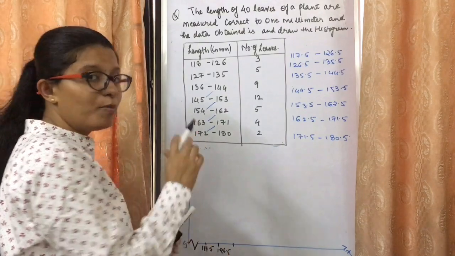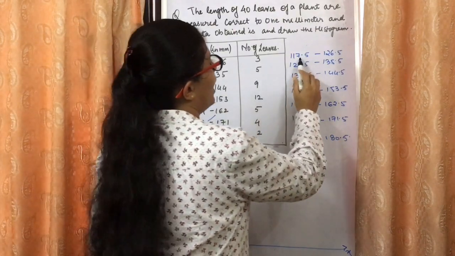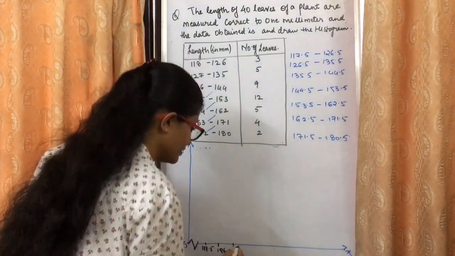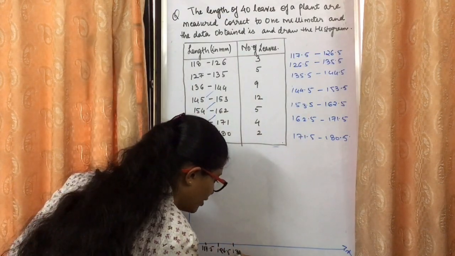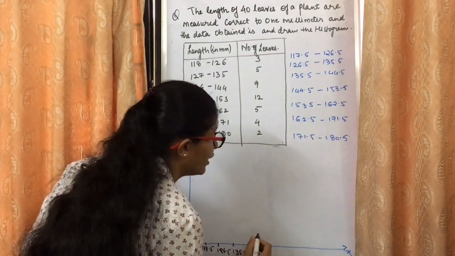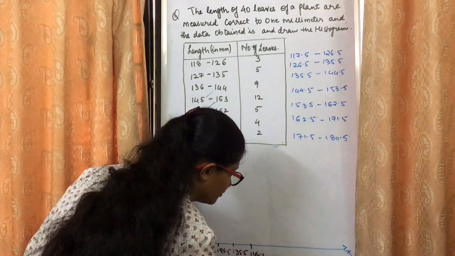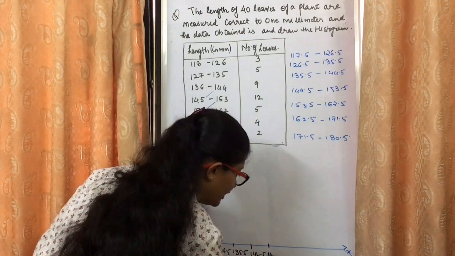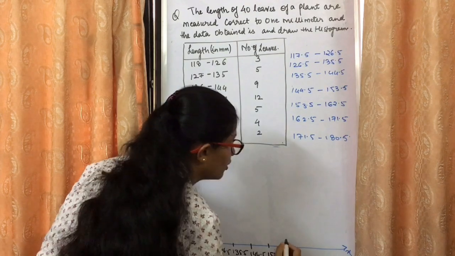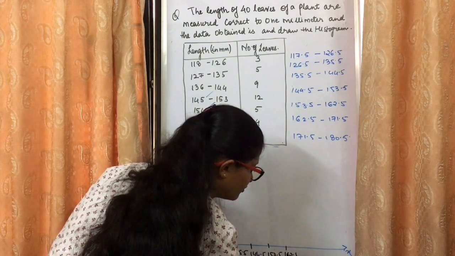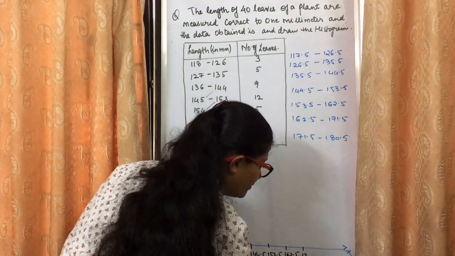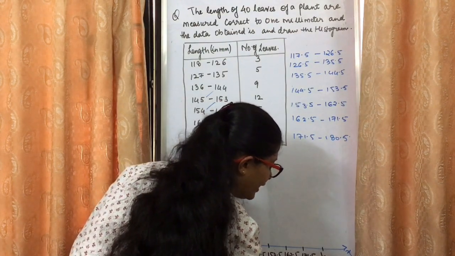In the current problem, we have the same class size: 117.5 to 126.5, then 135.5, then 144.5, 153.5, 162.5, 171.5, and 180.5.